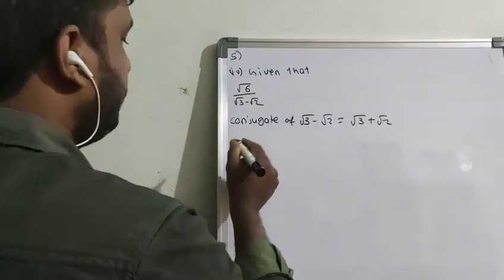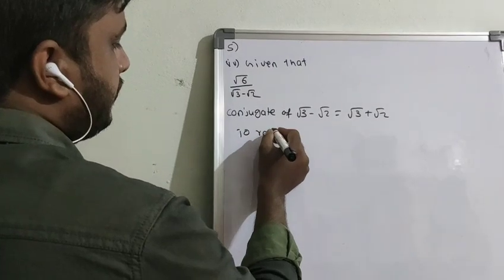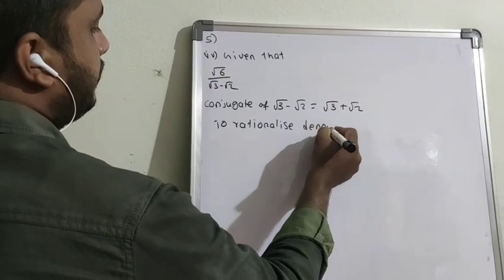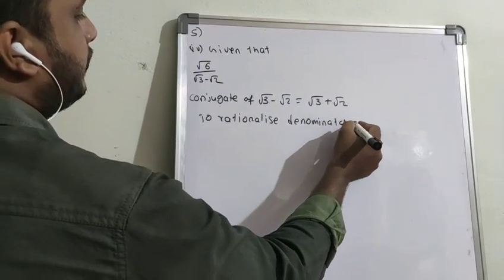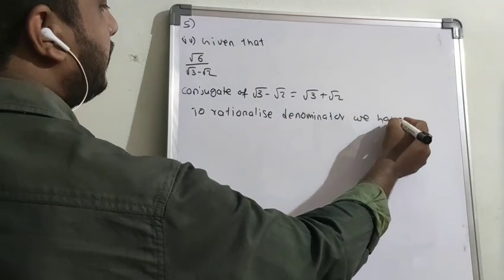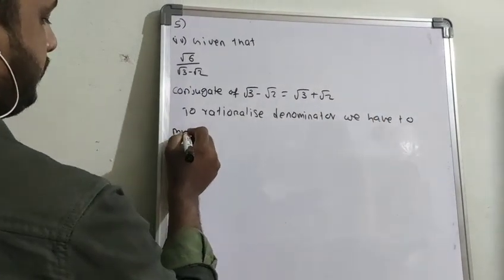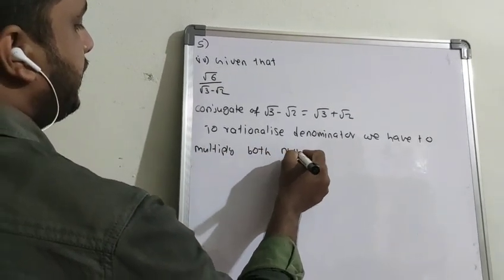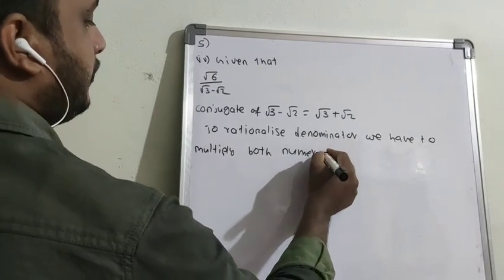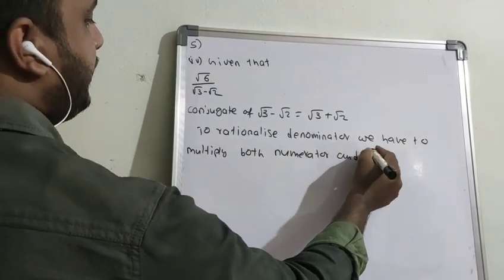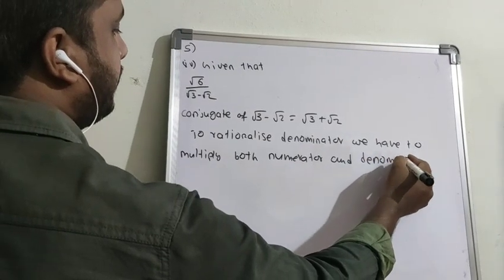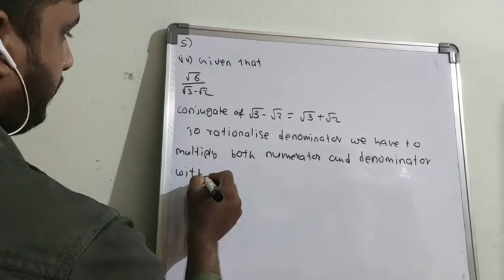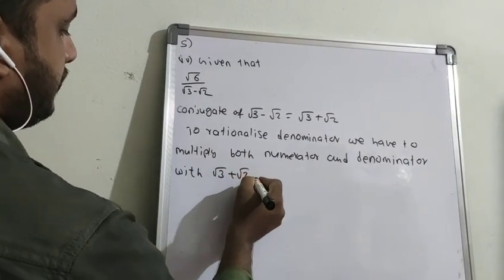That's enough. So to rationalize the denominator, we have to multiply both numerator and denominator with root 3 plus root 2.